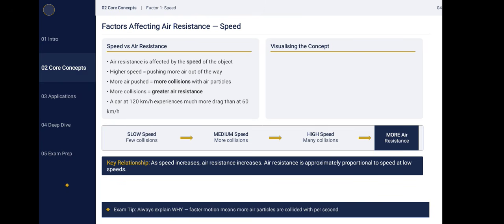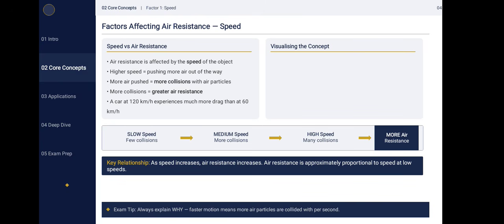So, to understand air resistance, we need to use our scientific concepts, like the particle model theory that we already discussed in your previous level. Imagine a crowded hallway, and if you try to run through it, you will bump into people, and each bump slows you down.